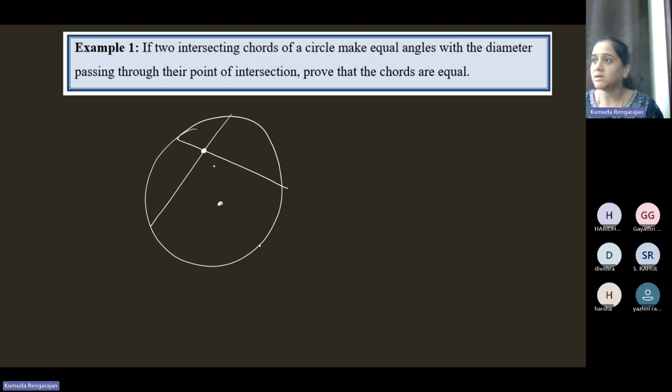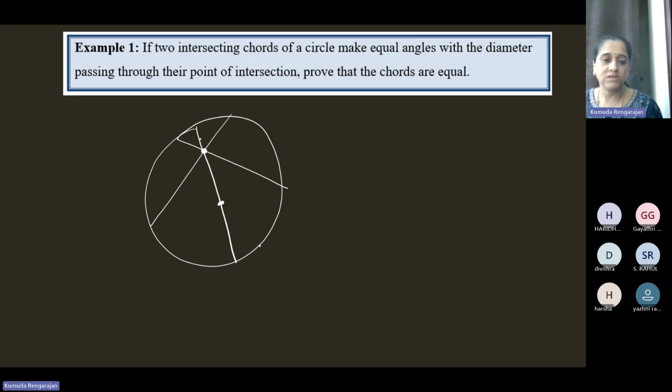So the diameter passes through the center, and it should also pass through the point of their intersection, right? Okay, so it is like this. You see this is a diameter because it passes through the center, and this diameter also passes through the point of intersection of the two chords.